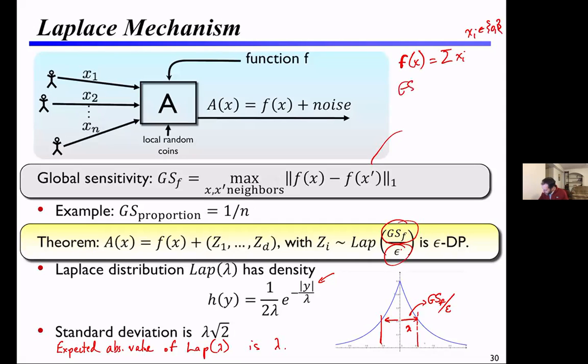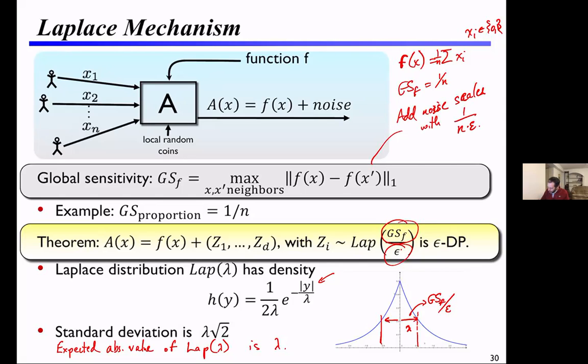Then the global sensitivity of f is 1/n. And so we add noise that scales with 1/(n times epsilon). So the larger my data set is, the lower the noise is.